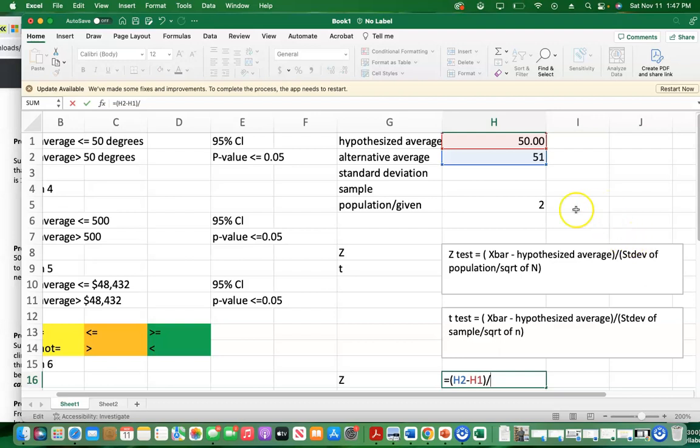And in this case, we have 2, which is the standard deviation of a population, divided by the square root. If you type the sqrt, that will give us the square root of the sample size, or the size of the data which we use to get this alternative average.